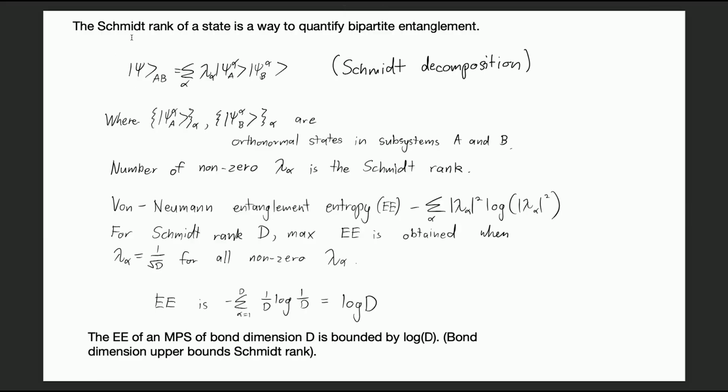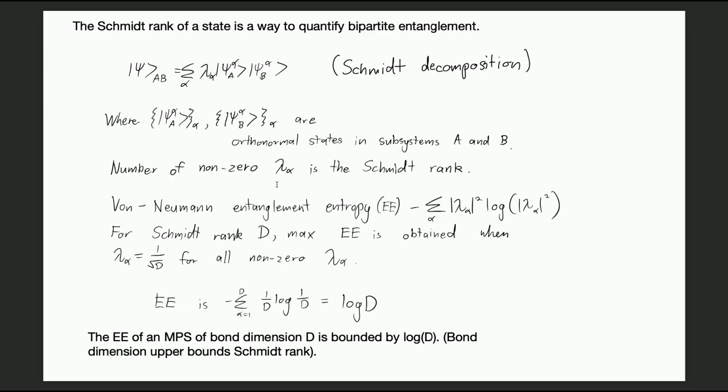Okay, so this Schmidt decomposition provides a very clear way to describe bipartite entanglement. This is the Schmidt decomposition, which I wrote before, where these are orthonormal sets of states. So we say the number of non-zero singular values, or number of non-zero Schmidt values, is the Schmidt rank.